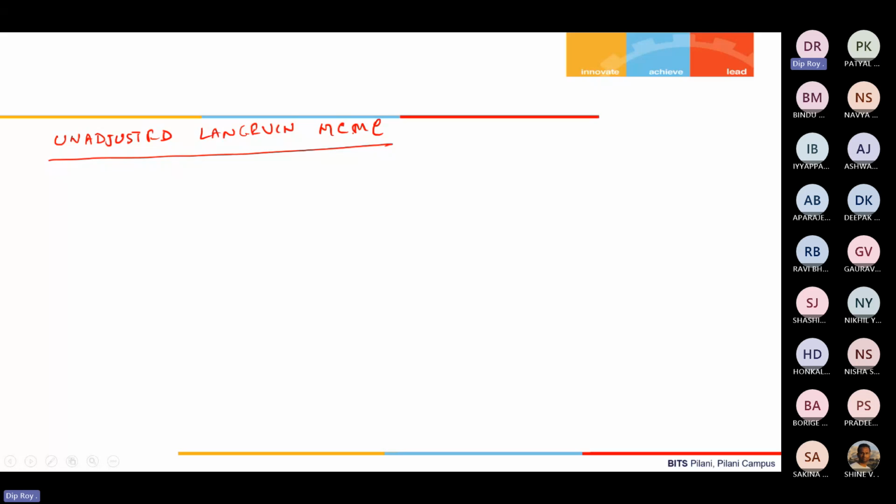What we do here is we take an initial sample from any proposal distribution. So this is basically the proposal distribution.